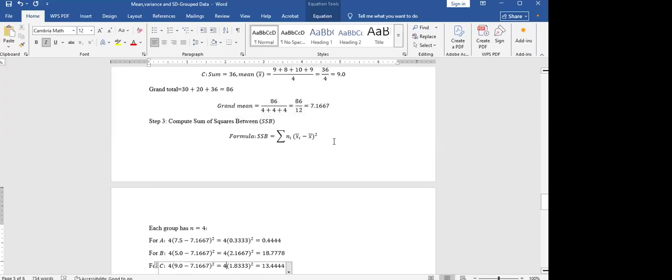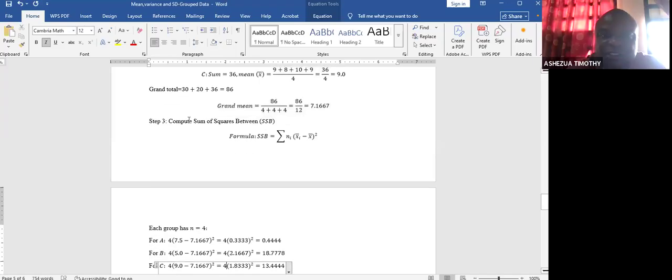Compute sum of squares between, and this is the formula. And the meaning of this formula here, this is your N1, this is your Ni here. I'll split this thing for you.